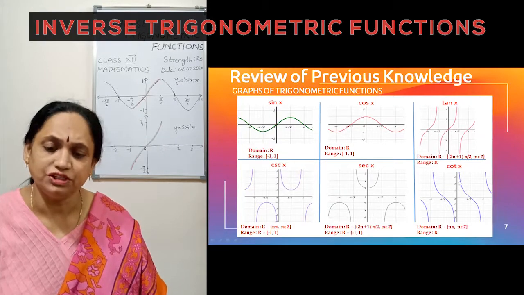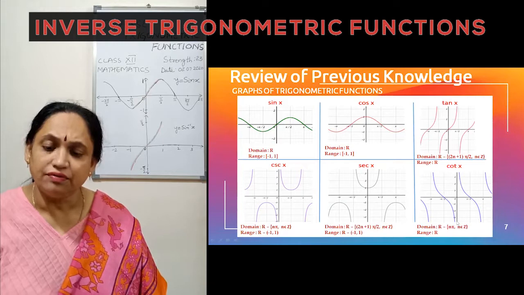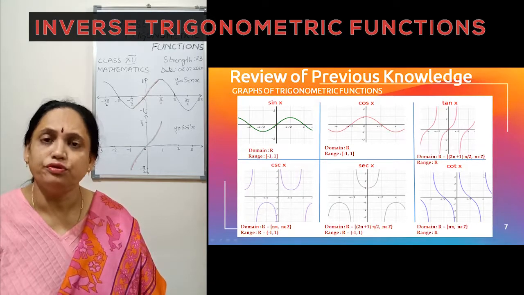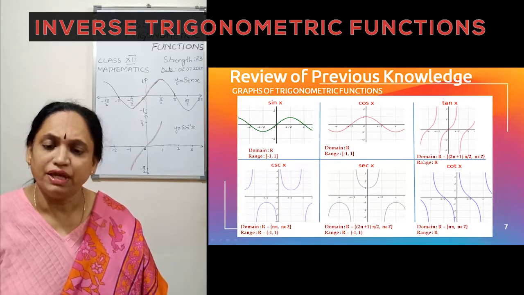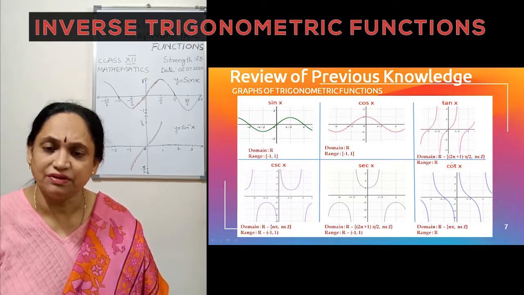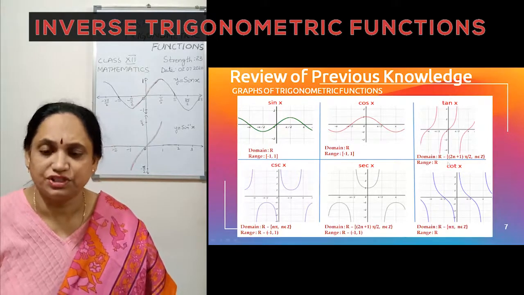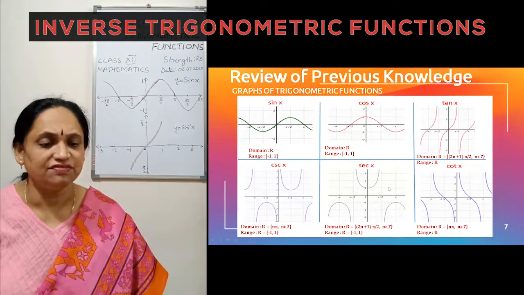Similarly, for the cot function, the whole of the y-axis is being used, but the multiples of pi and 0 do not have any images. So the domain is restricted as per that, and the range is the set of all real numbers for the tan function. Similarly for the cot.